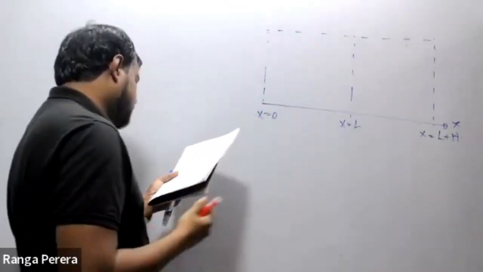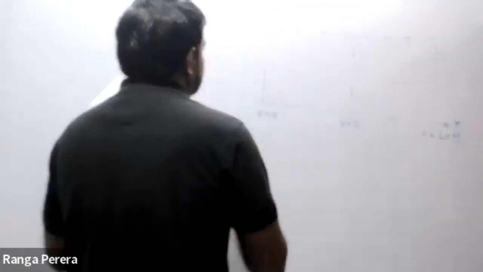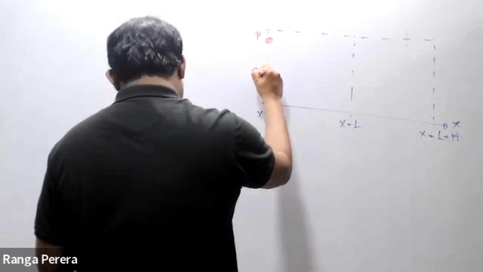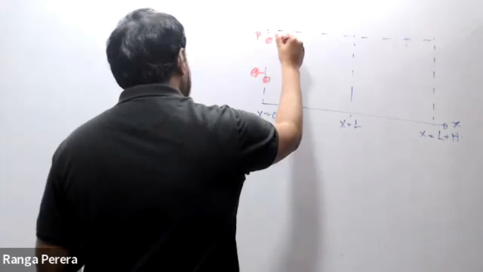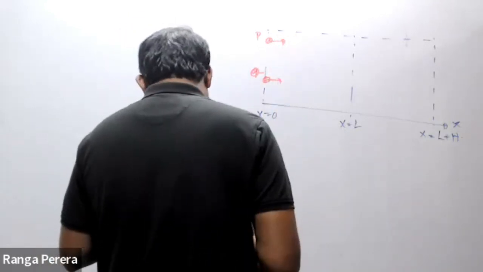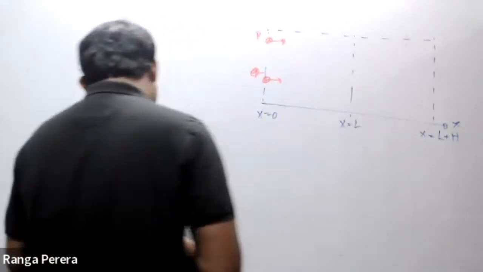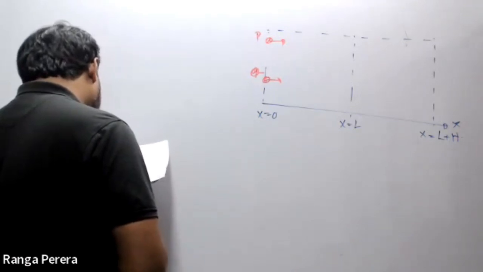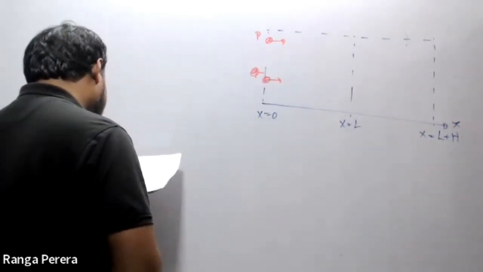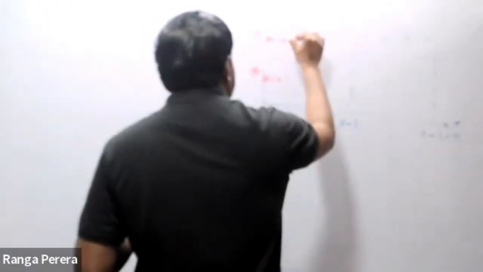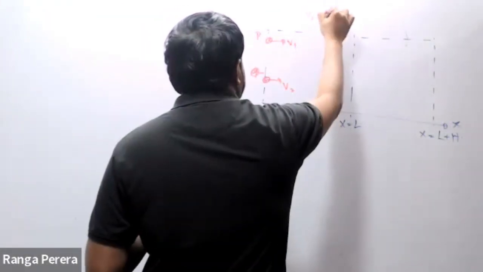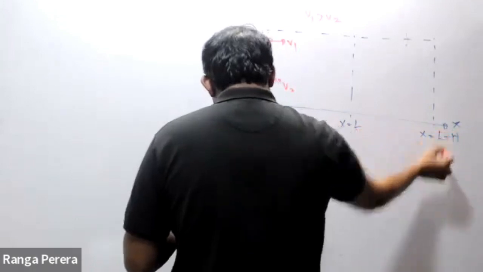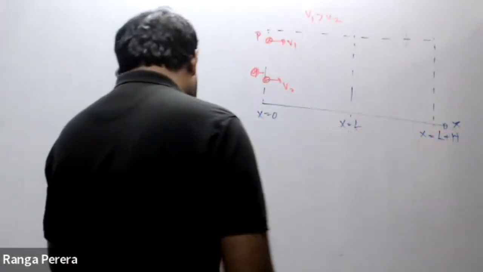The two particles P and Q, each of charge plus Q. This is P and this is Q. They start to move at time t equals 0 in a vacuum simultaneously with the two initial velocities v1 and v2 respectively, given that v1 is greater than v2. This is v1 and this is v2. This is given as L and this is given as H according to the question.